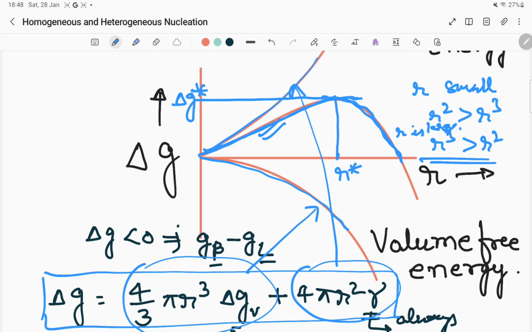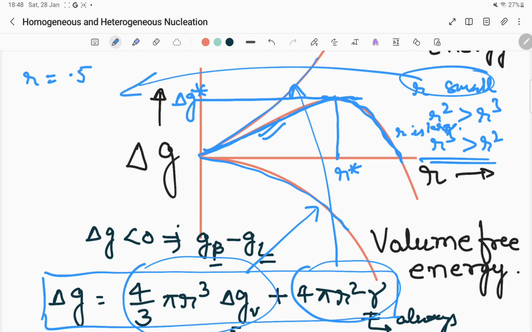Why it is happening, we will see mathematically. If we take a small value of R, like R is 0.5, then R square is 0.25 and R cube is 0.125.